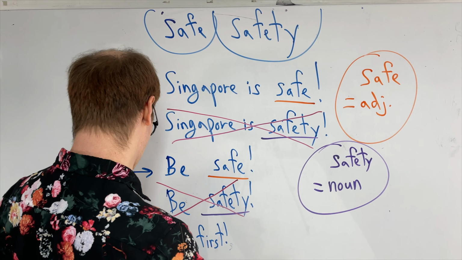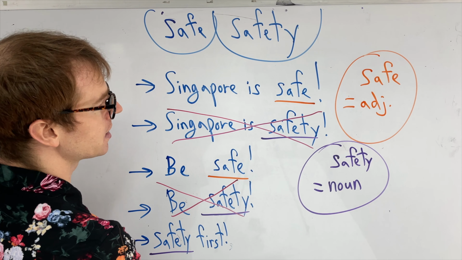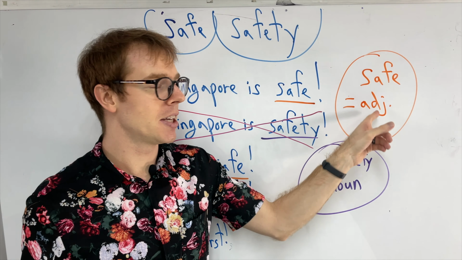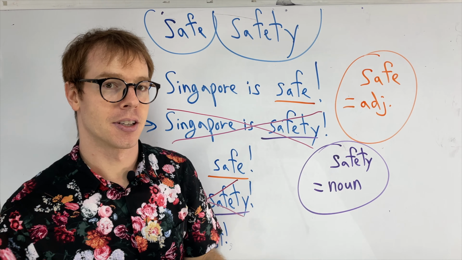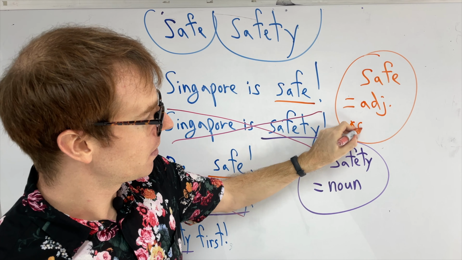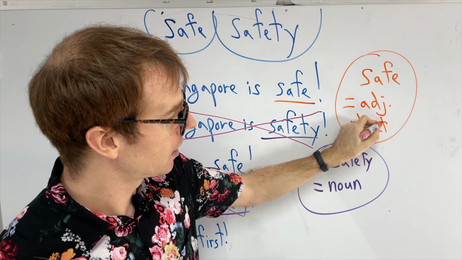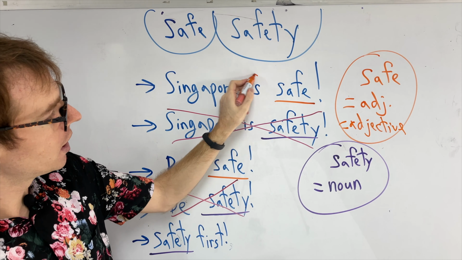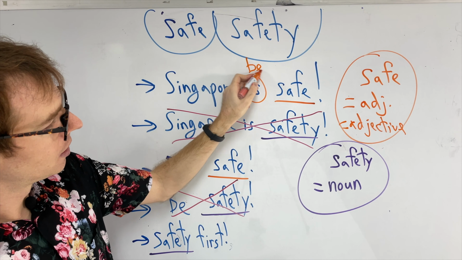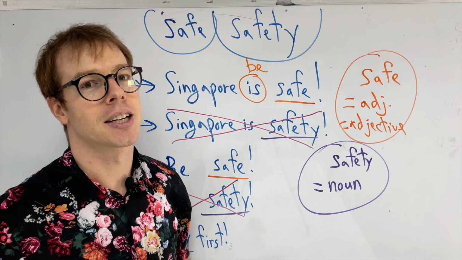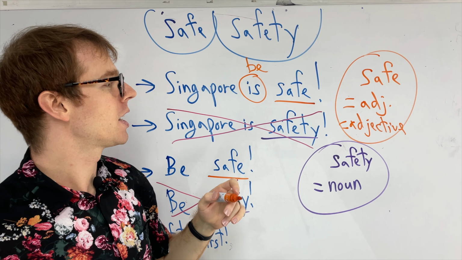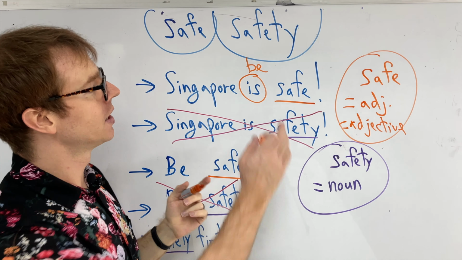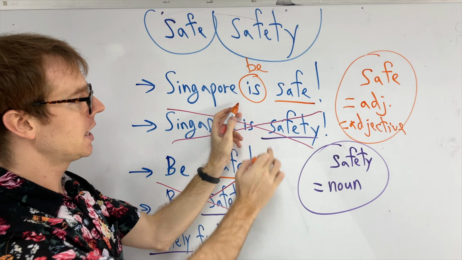Now, why is it okay? First one, Singapore is safe. Safe is an adjective. So if it's an adjective, we can use it with be, right? Same as kind and kindly. Be safe. He is safe.